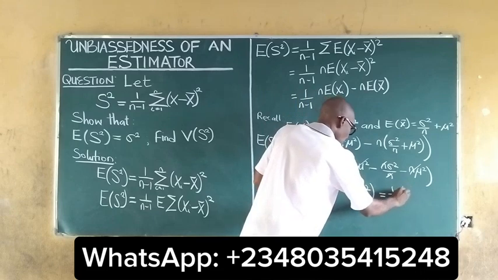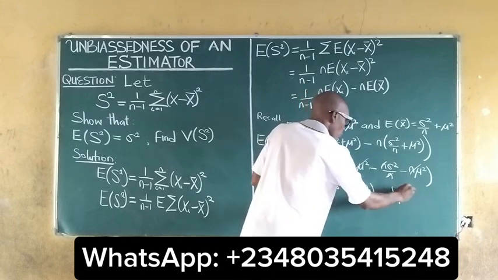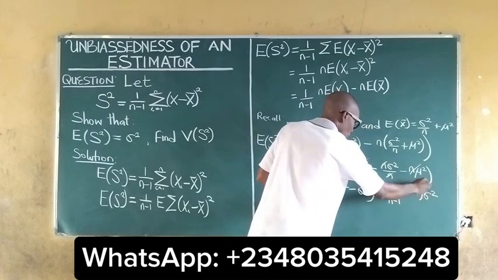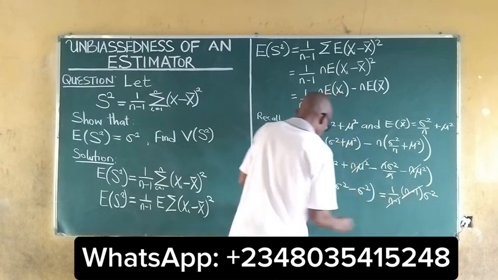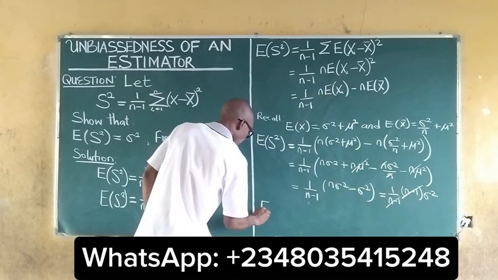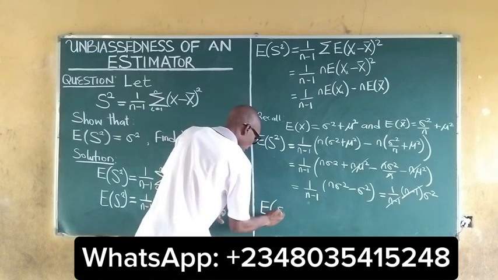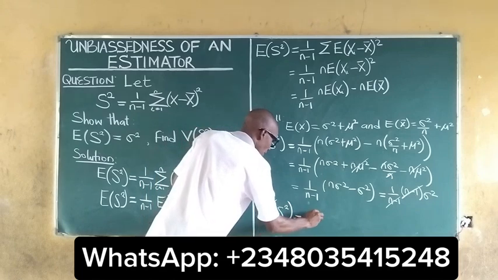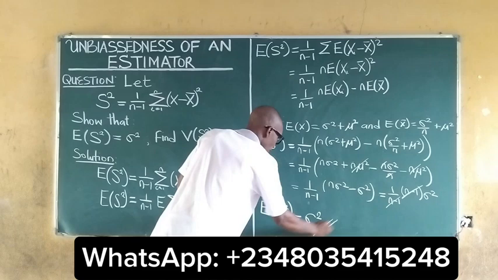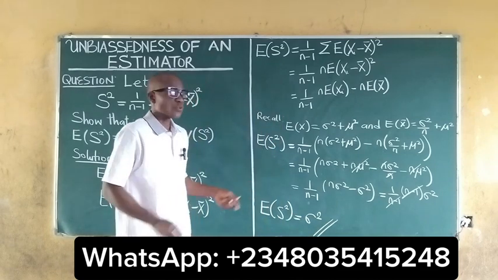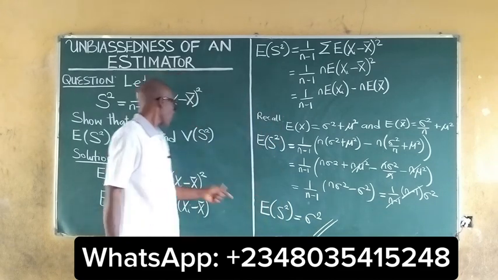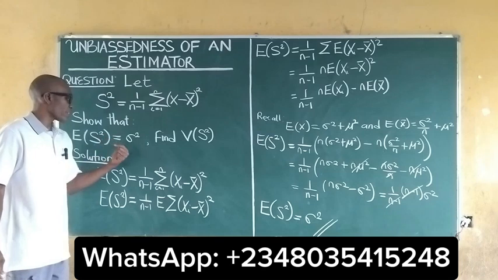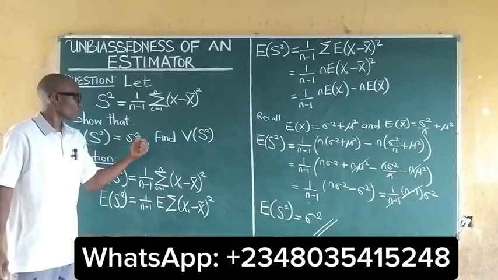We can open the bracket to give us this, and this is common. So we have n minus 1 sigma squared. So this can cancel this. That means that the expected value of s squared is equal to sigma squared. So this is how we can obtain the expectation. We can show that the expectation of s squared is equal to sigma squared.